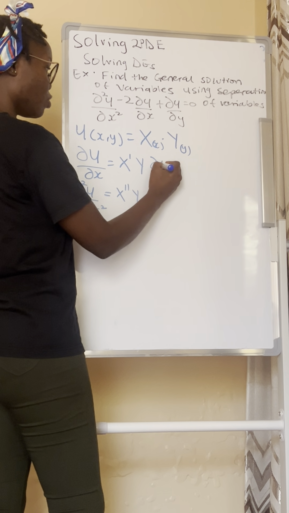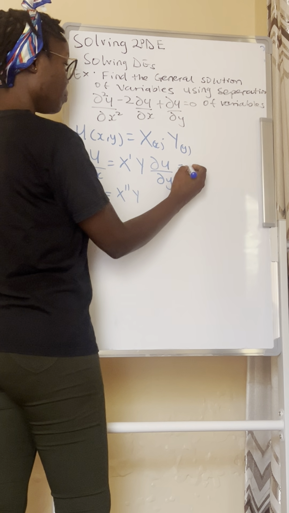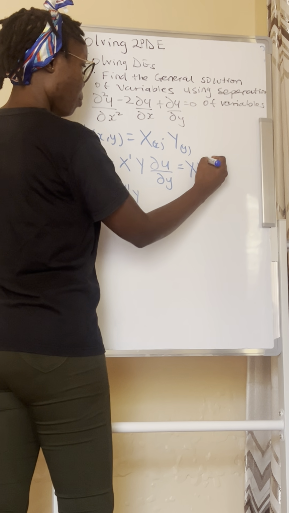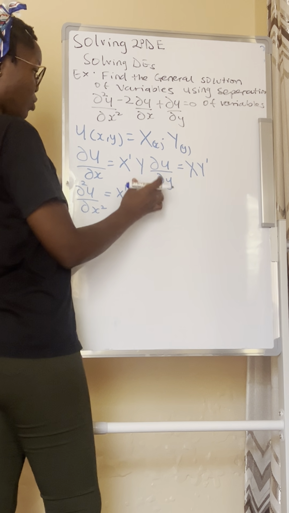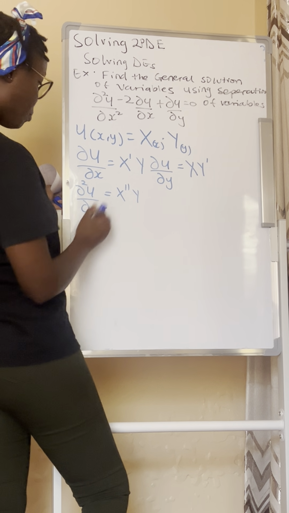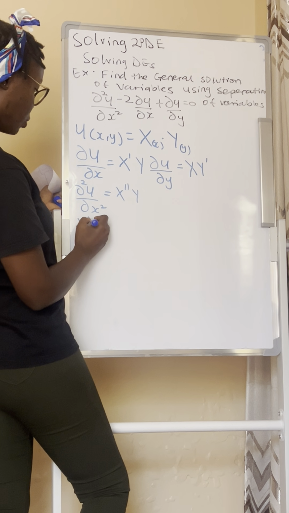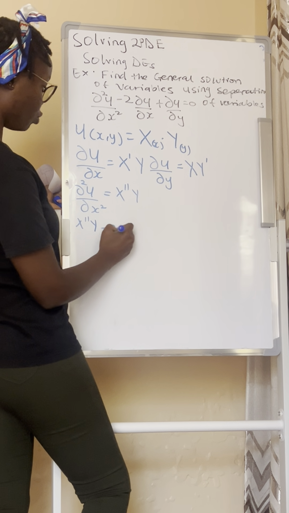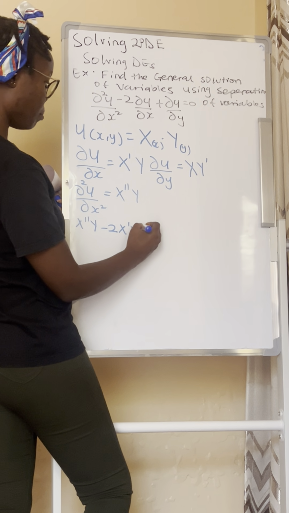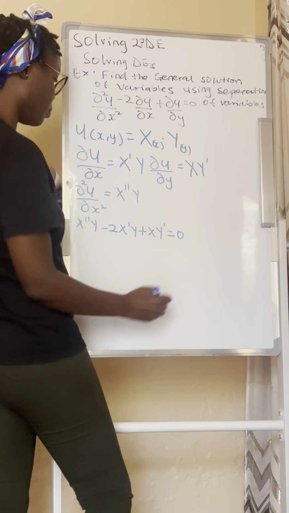Then how about the partial derivative of the function x with respect to y? It will be x is constant, y prime. Okay? So we just get these and punch them inside this equation. We'll come up with x double prime y minus 2x prime y plus x y prime equal to 0.